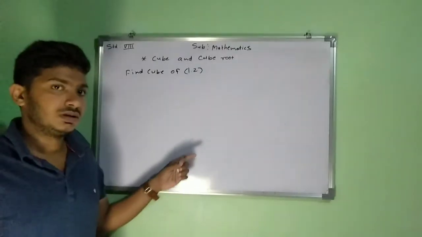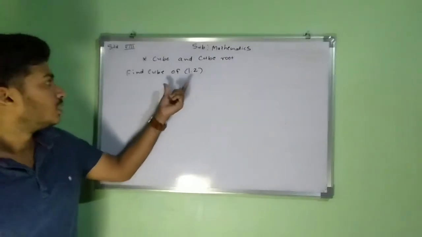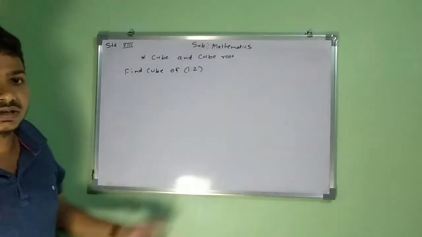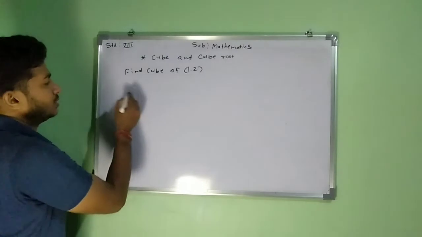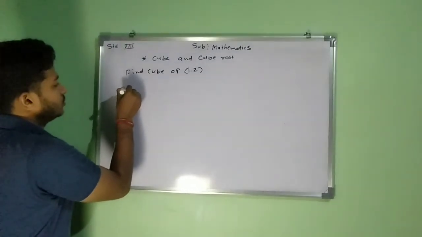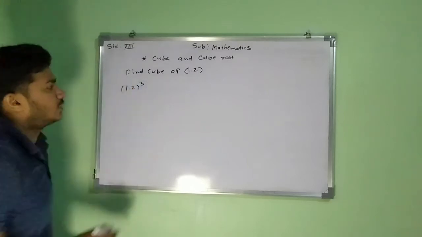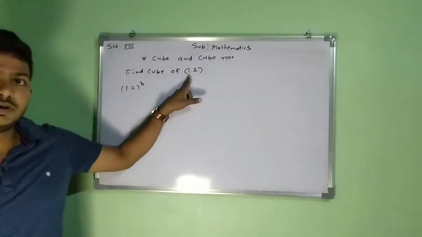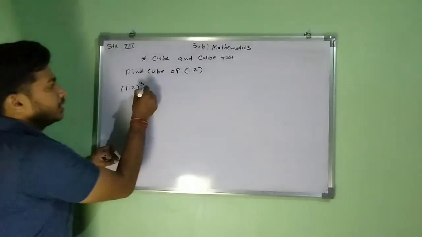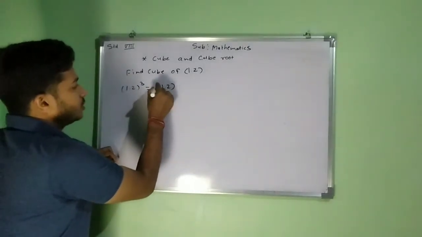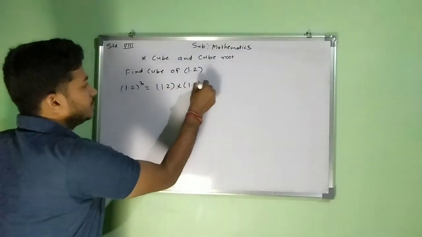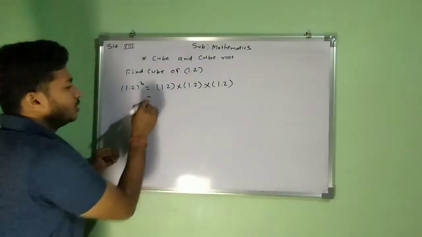Next example is find the cube of 1.2. This is a decimal number, so 1.2 cubed. We have to write 1.2 three times: 1.2 multiplied by 1.2 multiplied by 1.2.